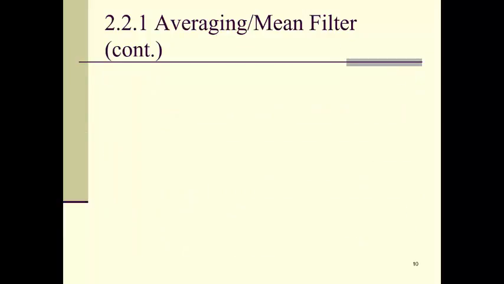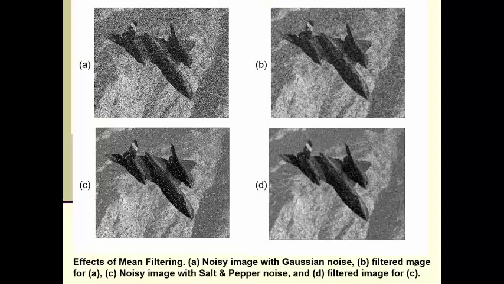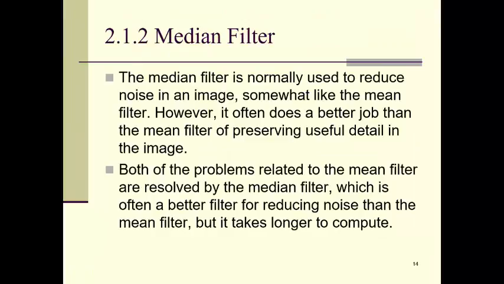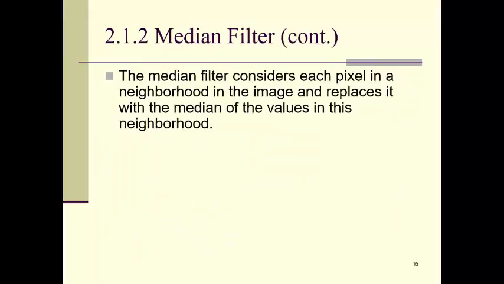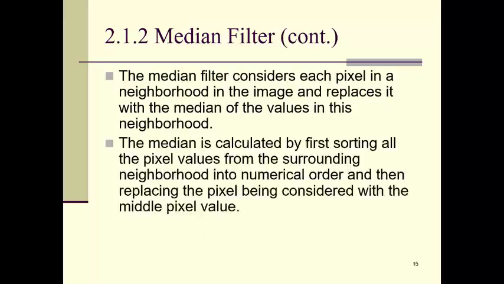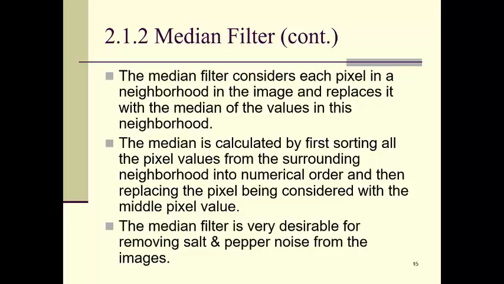But let's see what the advantage of doing such a thing is. The median filter considers each pixel in the neighborhood in the image and replaces it with the median of the values. The median is calculated by first sorting the pixel values from the surrounding neighborhood into numerical order, then replacing the pixel with the middle pixel value.